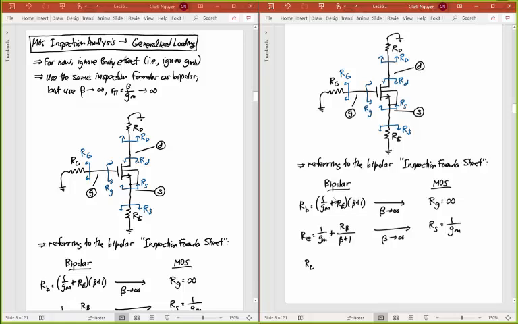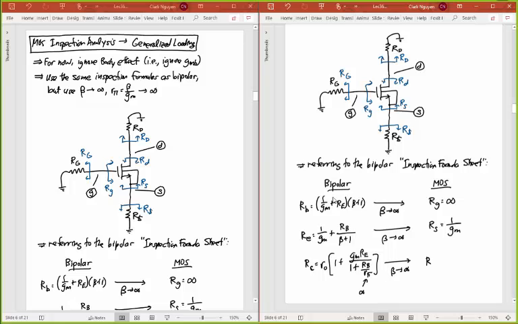Finally, for R little c, what do we have for the bipolar case? Well, we had this equation that probably no one likes because it's a big equation and no one likes to memorize that much, but this was the equation. But R pi, of course, is infinity now, and that happens when beta goes to infinity.